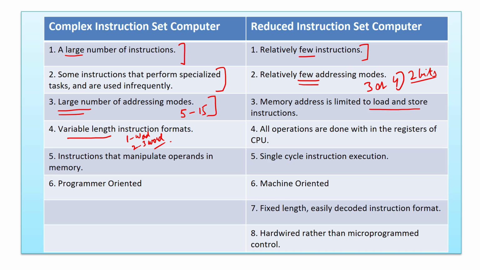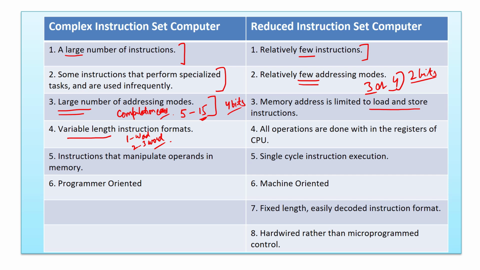Obviously for 3 or 4 addressing modes only 2 bits were required, but for 15 addressing modes 4 bits will be needed to specify just which mode the computer is working in. So the size increases. Now because of the size, the overhead of the program increases, and the program can be translated faster, so compilation becomes easy.